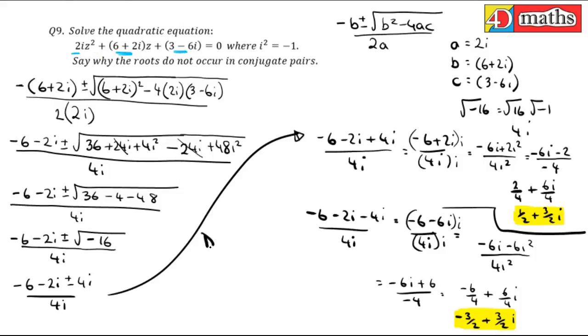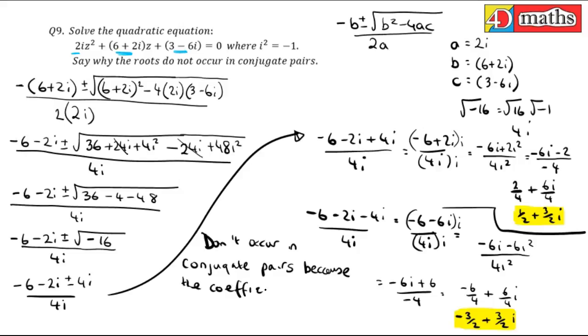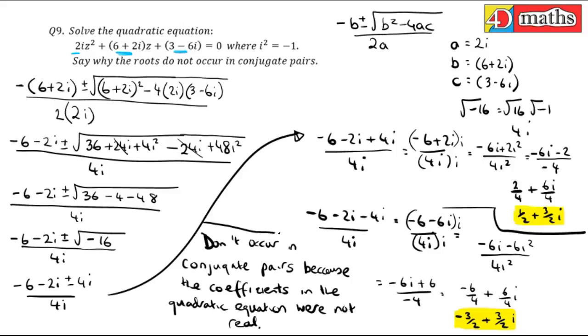Roots don't occur in conjugate pairs because the coefficients in the quadratic equation are not real. And that's the reason.